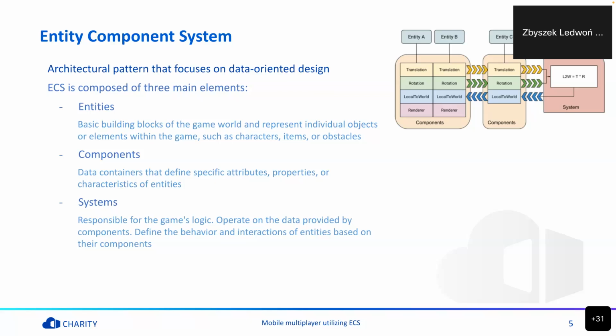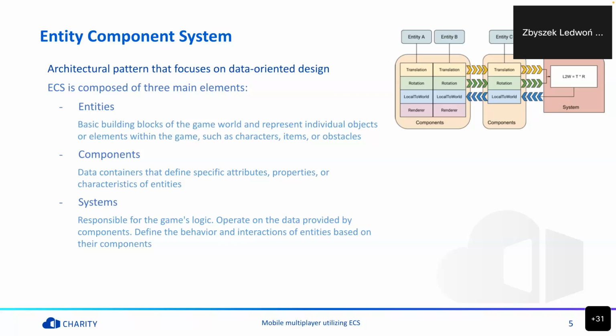And of course, there can be multiple entities of the same type in a game, and there can be many types of entities. So you can think of components and entities in a way that the composition of components in an entity defines what kind of game object a given entity is. And then the last element is our systems, and systems are responsible for the game logic.